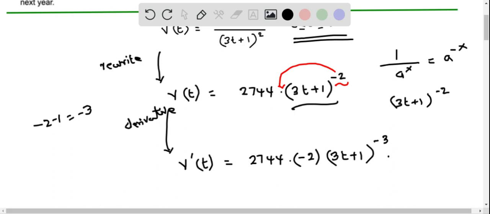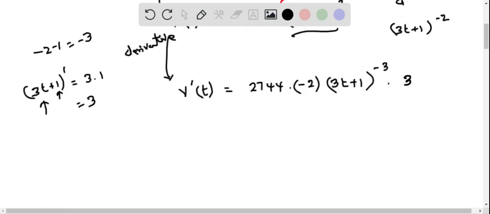And we will also have to apply the chain rule because it's not a simple function. It is an expression in terms of t, and we find its derivative, that is 3t plus 1. Its derivative is 3, because the derivative of 3t is 3 times 1, and then the constant 1 is 0. So it is basically 3. So we multiply with that derivative of 3t plus 1. So let's simplify this.